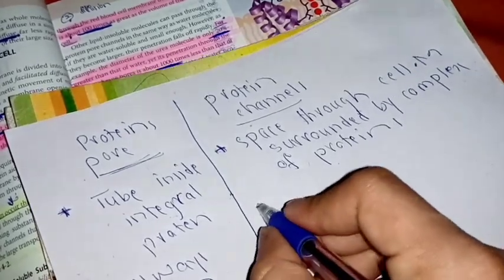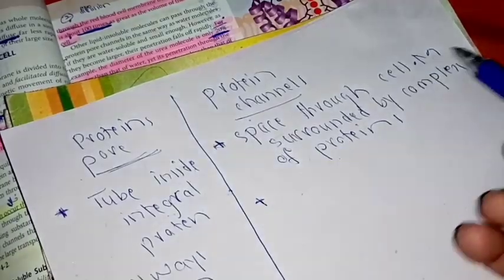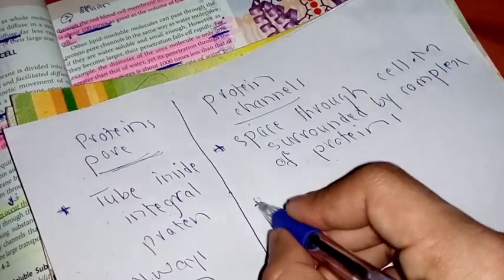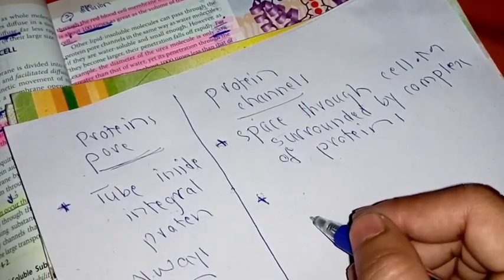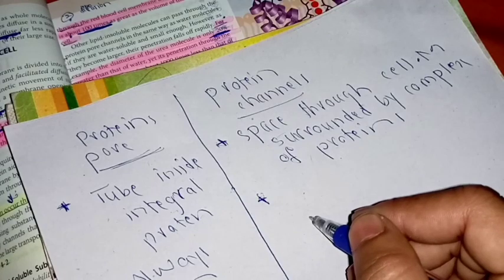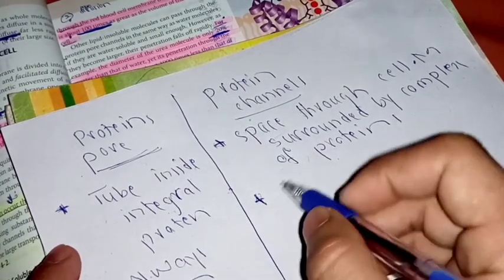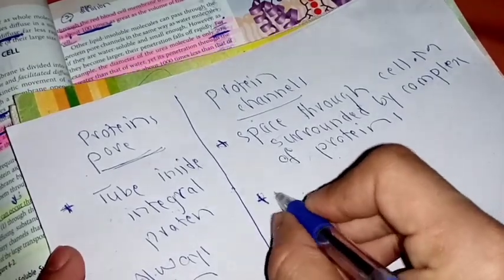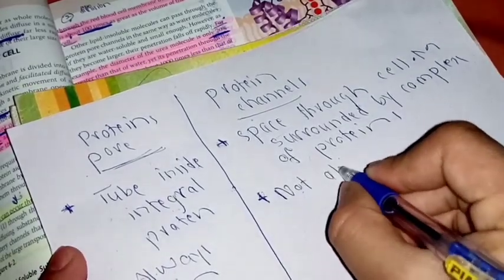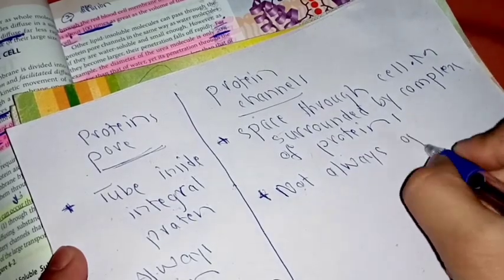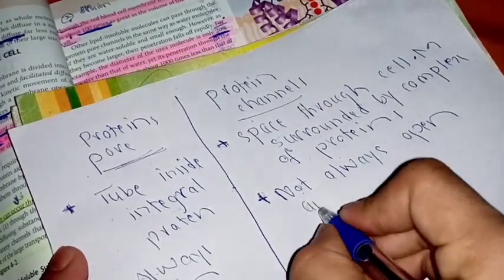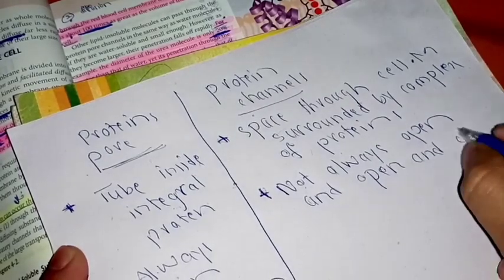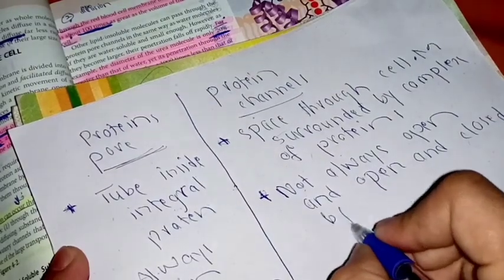The protein channels are not always open. They depend on the conditions and environment of electrical charges or chemicals, and they are opened and closed by gates.